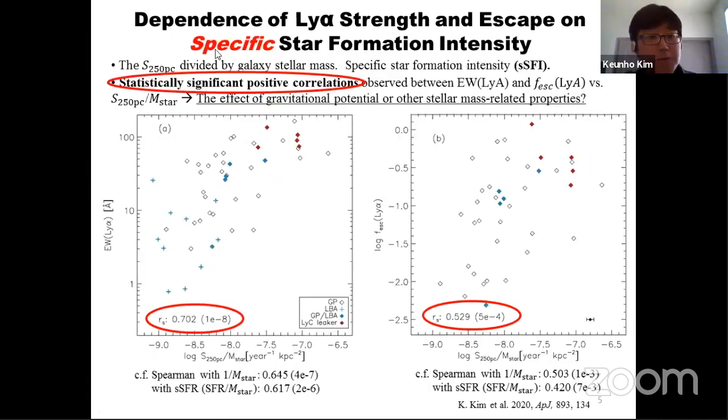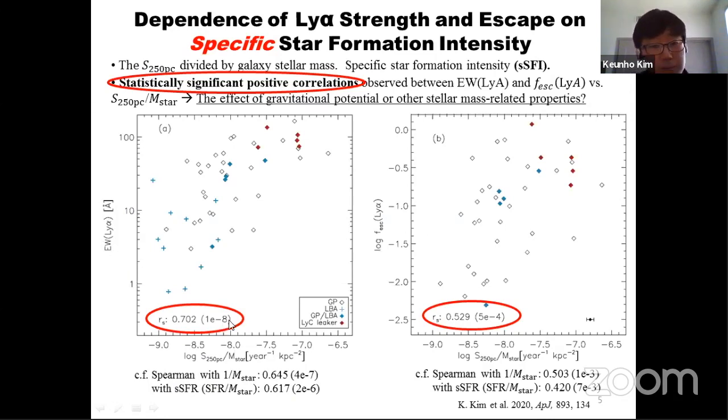However, when we consider the parameter of specific star formation intensity, defined as star formation intensity divided by galaxy stellar mass, we found statistically significant positive correlations, as well as an observed increasing trend between specific star formation intensity and Lyman alpha equivalent width, as well as Lyman alpha escape fraction.